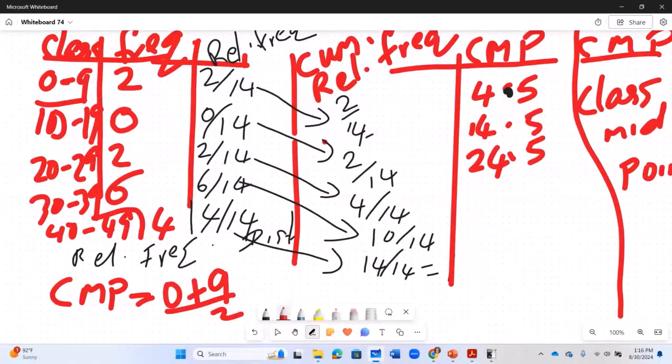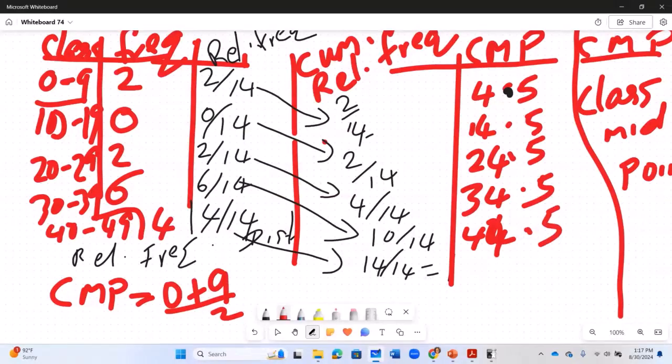The class midpoint of the fourth class is 30 plus 39 divided by 2. That is 34.5. The class midpoint of the last class is going to be 44.5. Every class must have a class midpoint.